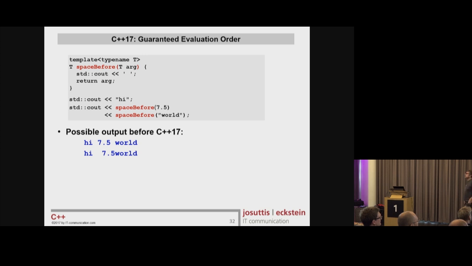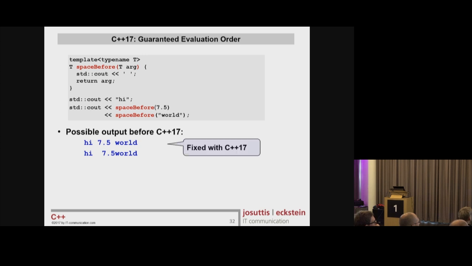You might either print hi space 7.5 space world, or you might have the output hi 2 spaces 7.5 world without a space in between. Because we have no guaranteed evaluation order regarding when an operand is evaluated. The evaluation of space before, printing out the space, might happen for both arguments before we actually start to print out the rest, the results returned by space before.